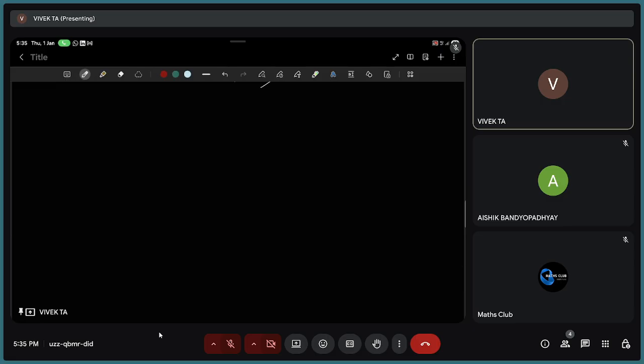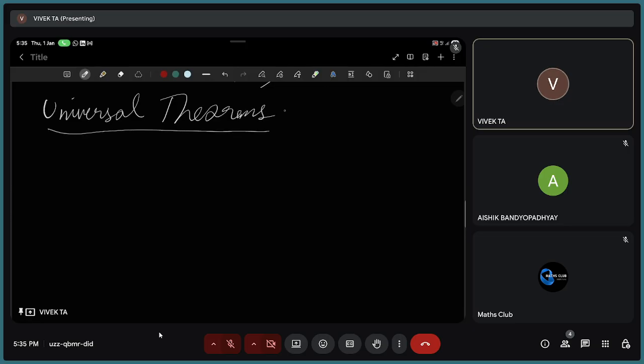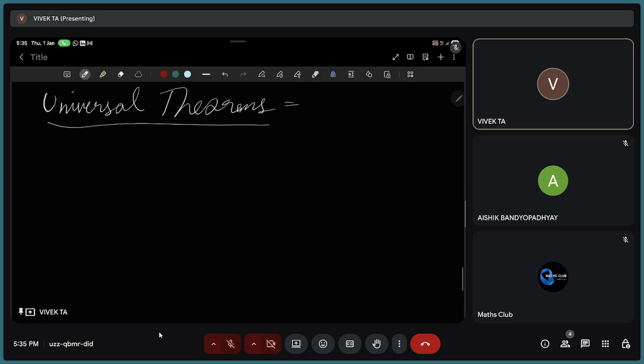So, anyways, coming to universal theorems, these are called universal theorems because they essentially give you a sense of how something can be defined without actually defining it.